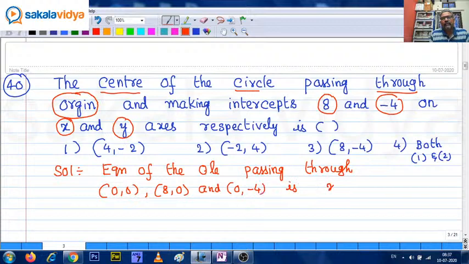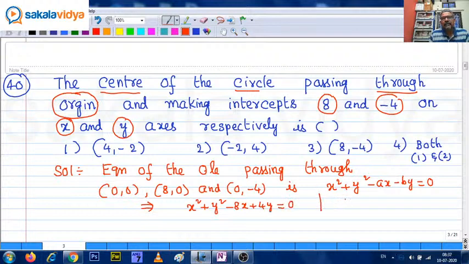Actually we have one formula, x square plus y square minus ax minus by equals to 0. That means this is nothing but the equation of the circle passing through the origin, a comma 0 and 0 comma b. This is a, this is b. So therefore the equation is x square plus y square minus 8x plus 4y equal to 0.